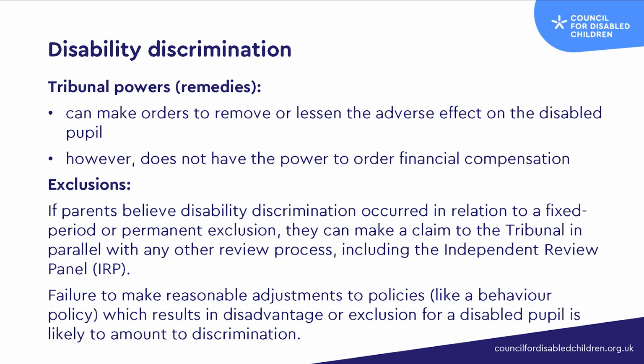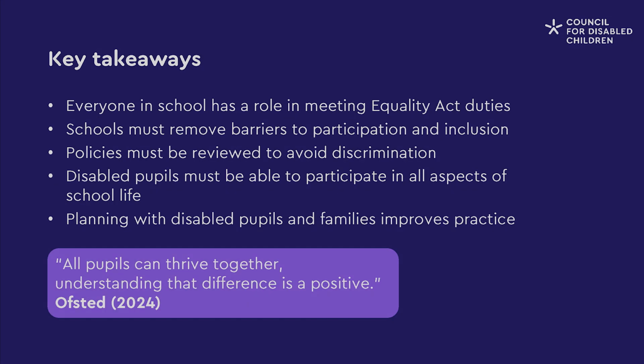The review routes consider the exclusion decision. The tribunal looks specifically at disability discrimination under the Equality Act. And remember, failure to make reasonable adjustments to policies, like a behaviour policy, which results in disadvantage or exclusion for a disabled pupil, is very likely to amount to discrimination.